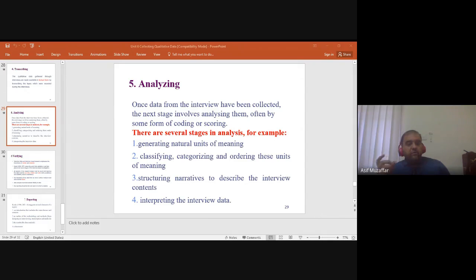From the word, you are giving the meaning because you have conducted the interviews as well. So you know what they said. So based on that, when you get the most important word, you will give them the meaning. And this is why it is qualitative data.